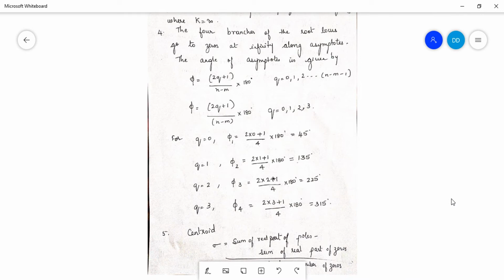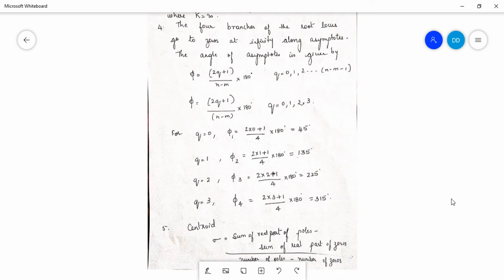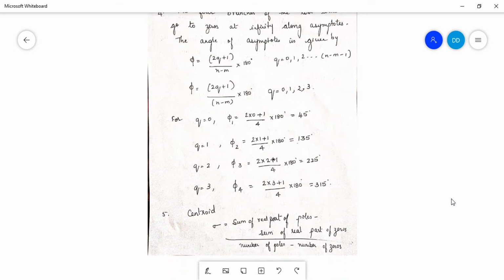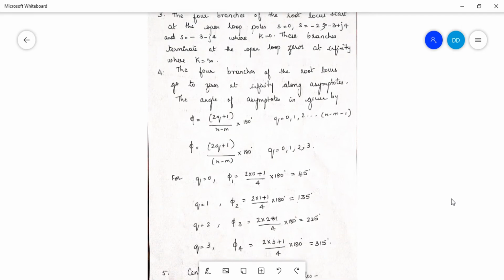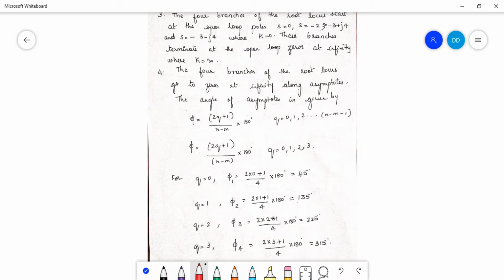These angles have to be marked at some particular point, which we call the centroid. The centroid is the sum of the real parts of the poles minus the sum of the real parts of the zeros, divided by the number of poles minus the number of zeros. Our poles are at s equal to 0, minus 2, minus 3 plus j4, and minus 3 minus j4.